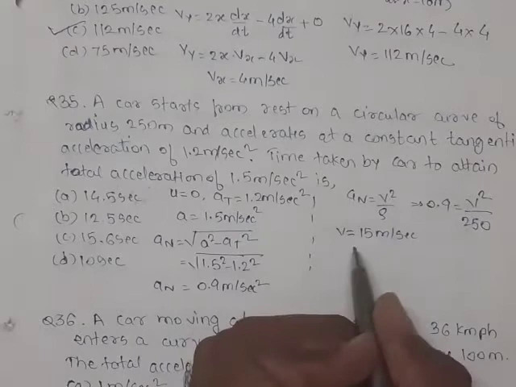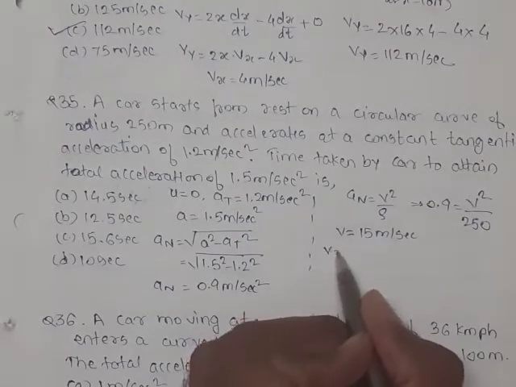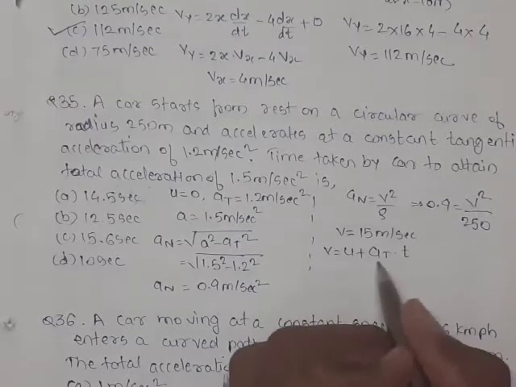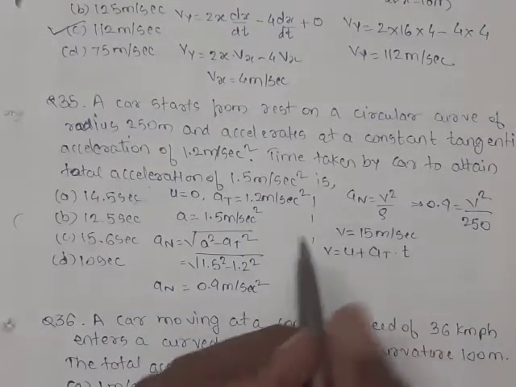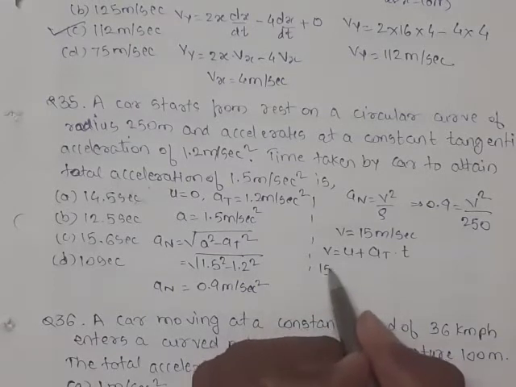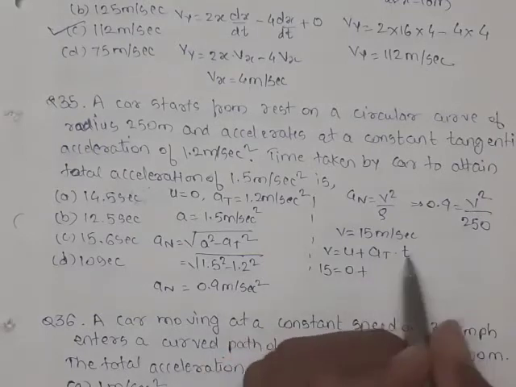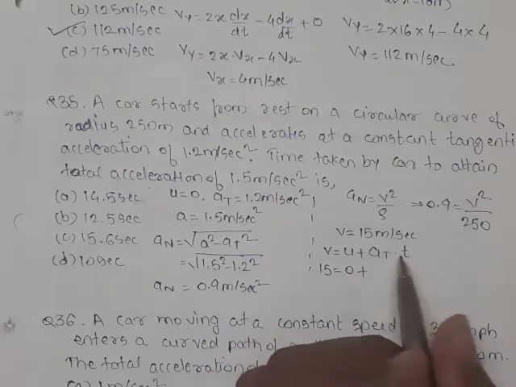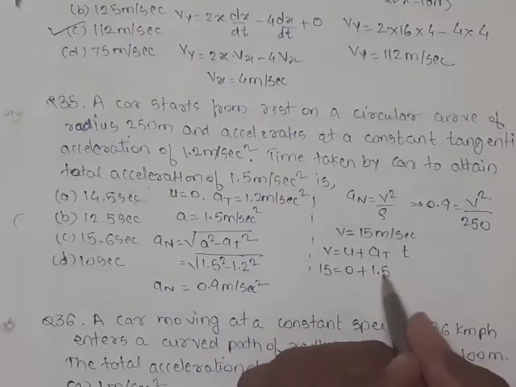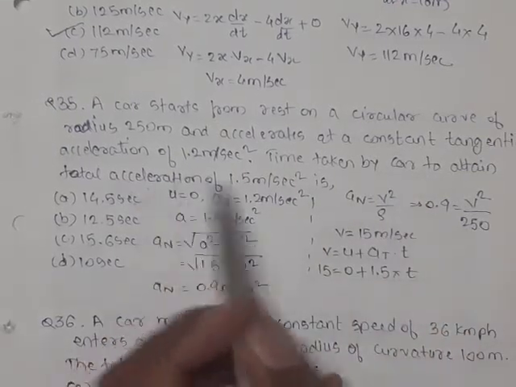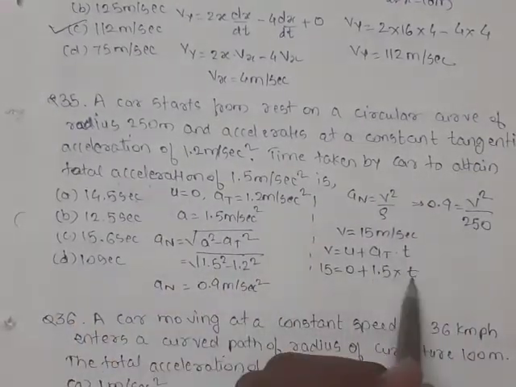Now we'll use the first kinematical equation, v equals u plus at into t. Here instead of total acceleration we are using the tangential component of acceleration. Now the value of v is 15. Initially the car was starting from rest, so u is equal to 0. The value of at is 1.2 into time t, because time t is asked.